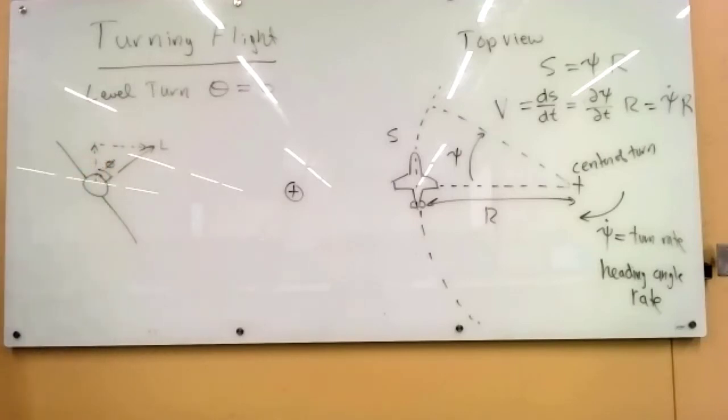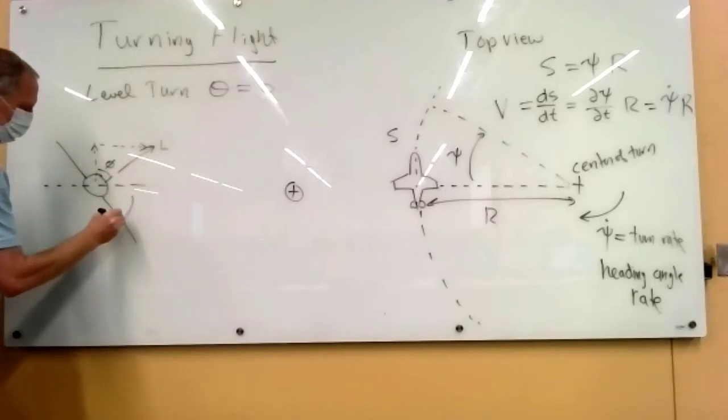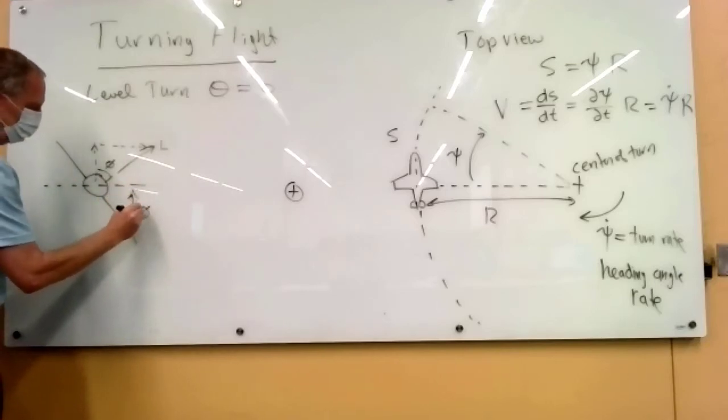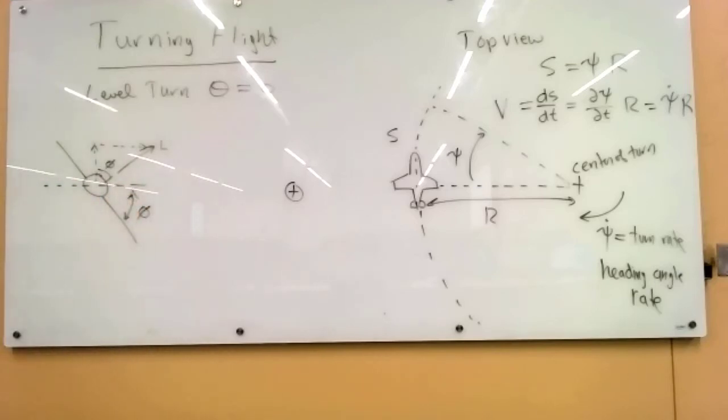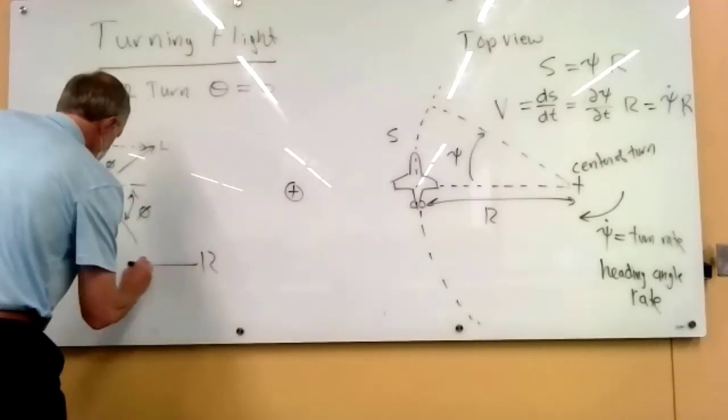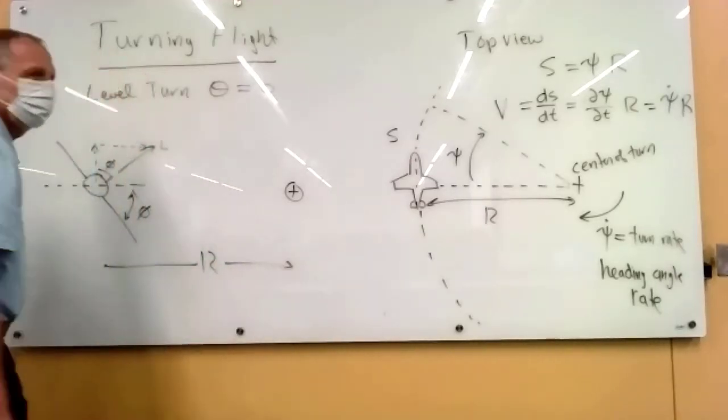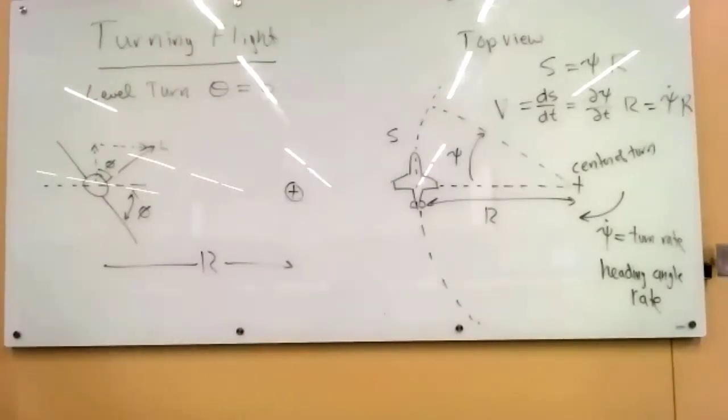And this is the bank angle. Phi is the angle of the wings to the level flight. So that gives us the centrally acting force that causes the circular motion of radius r.